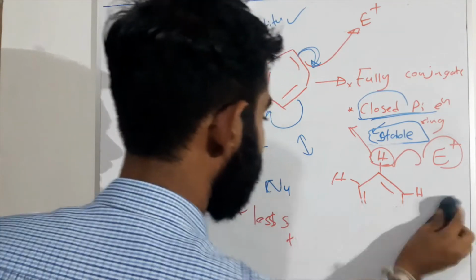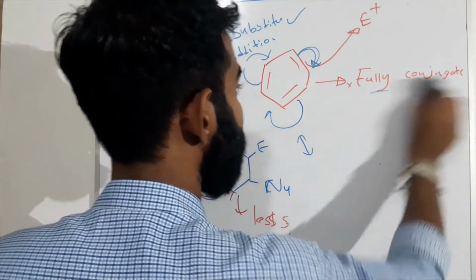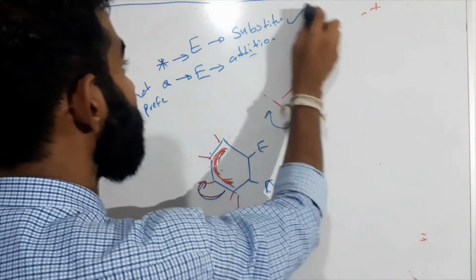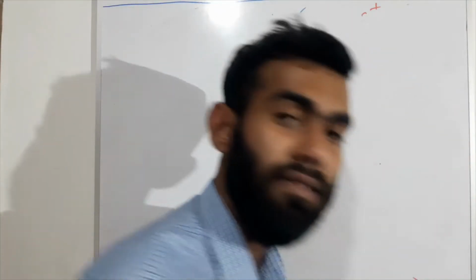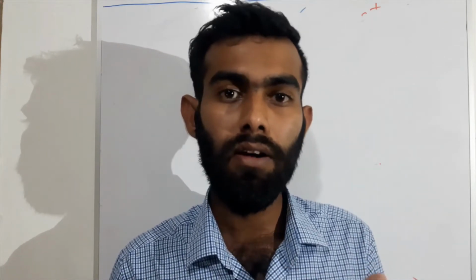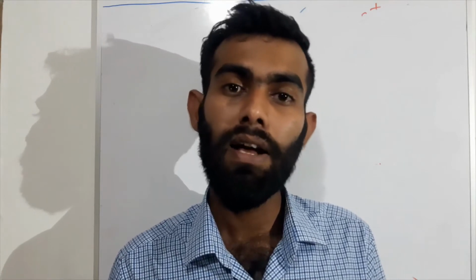So I will explain the basic things happening in electrophilic substitution reaction, because after this video we have to talk about common benzene ring reactions such as sulfonation, nitration, halogenation, Friedel-Crafts alkylation and Friedel-Crafts acylation reactions.